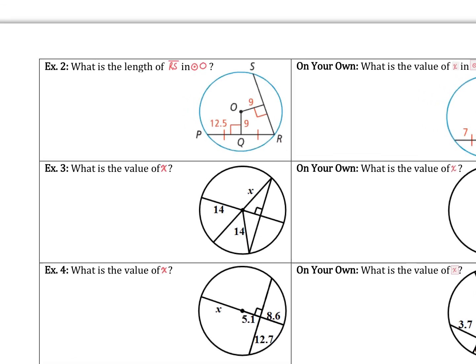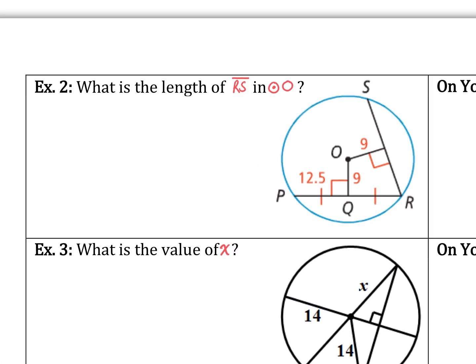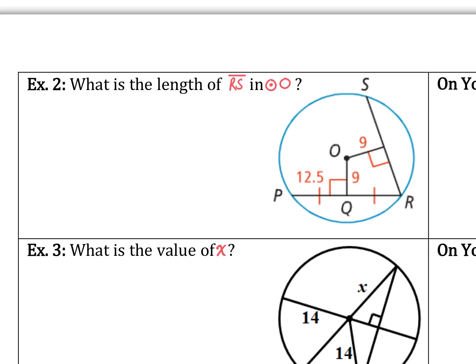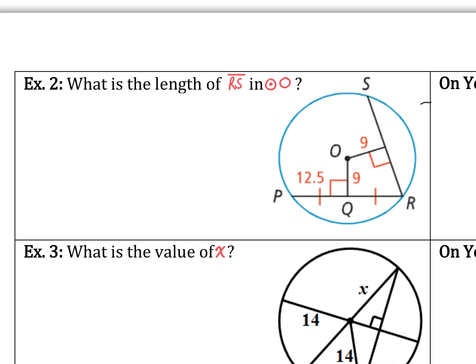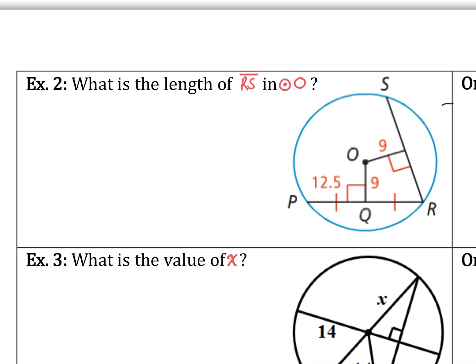Okay, let's look at number 2. In here, what is the length of line segment RS in circle O? If we look carefully at the dimensions given here, we can infer that this line segment PQ is 12.5.